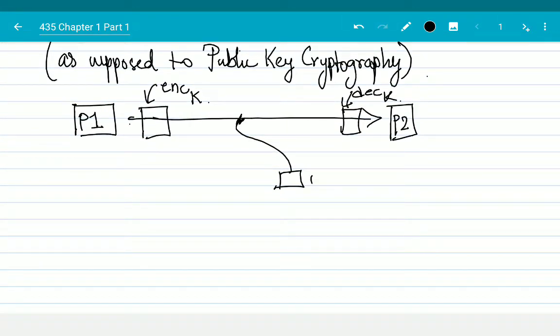Adversary, they're going to receive the encoded message, but without the key, they should not be able to figure out what we are talking about, right? They should not be able to figure out what the message is. So this is adversary. Okay. So this process is called encryption.